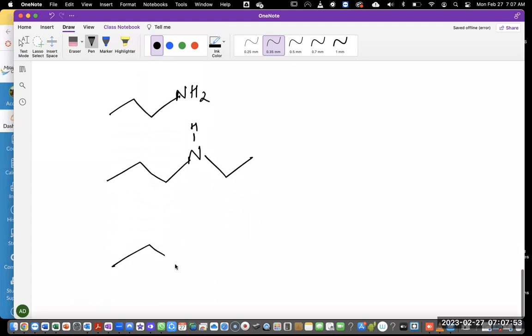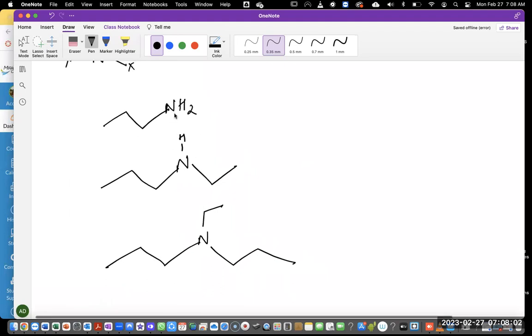Okay, or I replace all the hydrogens and I make a structure like this. So you see, this is nitrogen with a carbon on this side and then 2 hydrogens, so still 3 bonds. This nitrogen, same thing, carbon on the left, carbon on the right, and then hydrogen, still 3 bonds.